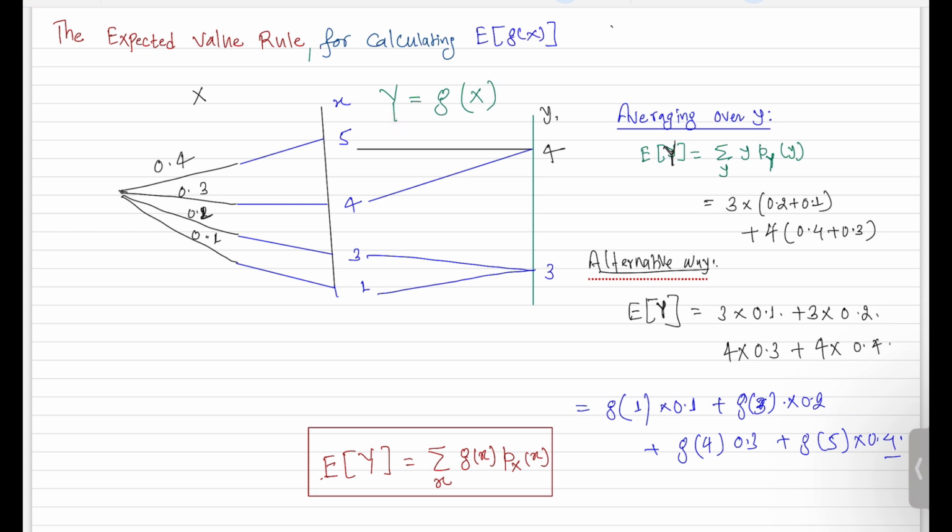But in the expected value rule, we are running over the random variable x and we just need to know the corresponding value of y, and for each value of x, the corresponding probability, and we sum over all those possible values. That will give you the expected value of random variable y.